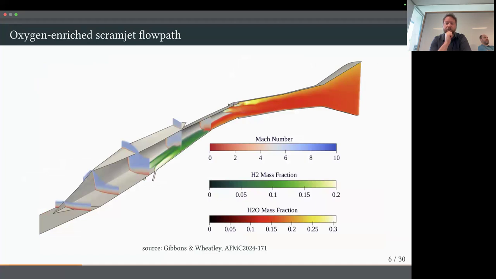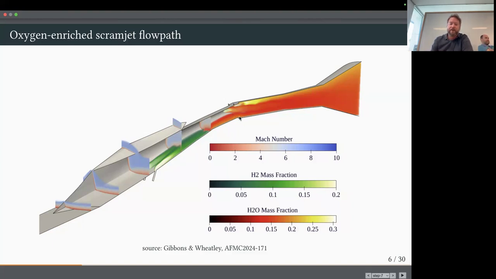we've applied the code to scramjet flow paths. This is supporting a project that was looking at whether there is a benefit to oxygen enrichment in a scramjet flight mode. And the use case for that might be at the edge of the atmosphere where there's enough oxygen to work with, there could be benefits to carrying a little bit on board and continuing how far you can use your scramjet on part of an access to space trajectory.